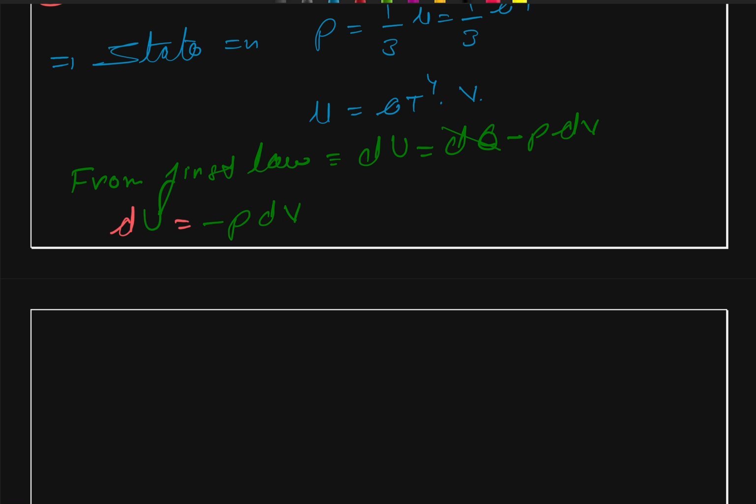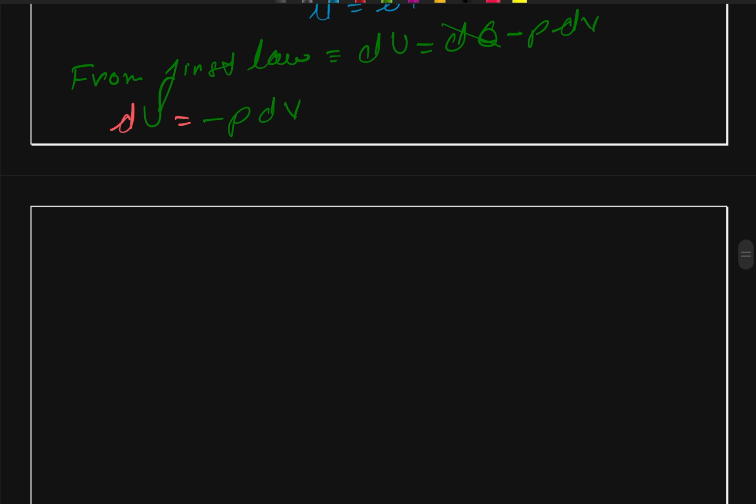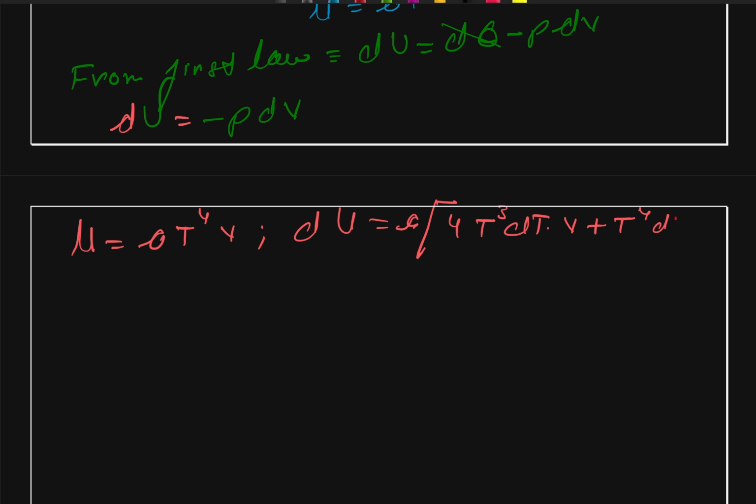And U already we know, so we can just differentiate it. U is equal to A T raised to power 4 times V. Therefore we get dU, taking its partial derivative, A is our constant, so we get 4 T cube dT times V plus T4 times dV.